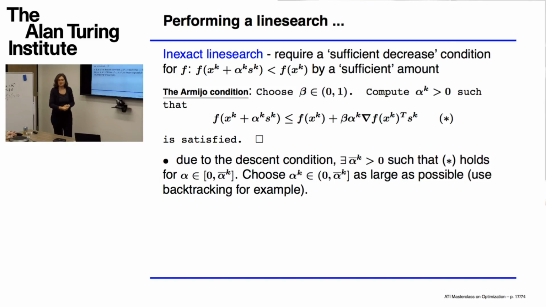This requires, for every guess of alpha k that I try, calculating an additional function value. So this line search is not cheap.